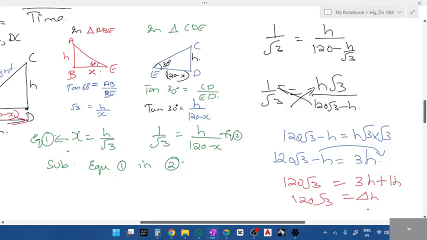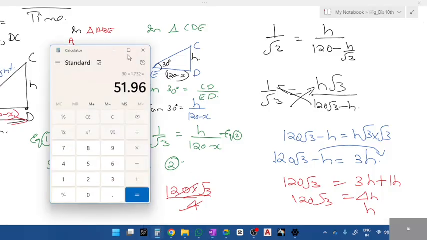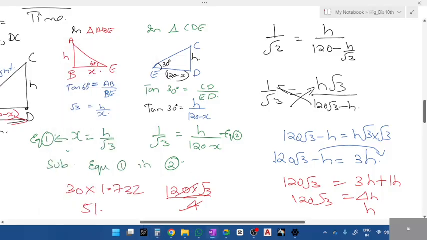So if you want to find the value of H, which one gets divided? What is 4 into? Move the decimal, multiply, and keep the place back for the decimal. Yes, complete all the calculation. You have to get 51.96 meters, students. Exact answer, 51.96 meters. Done, all of you completed.